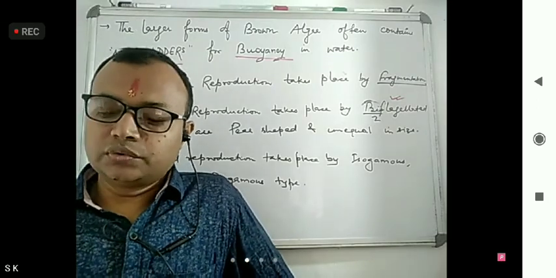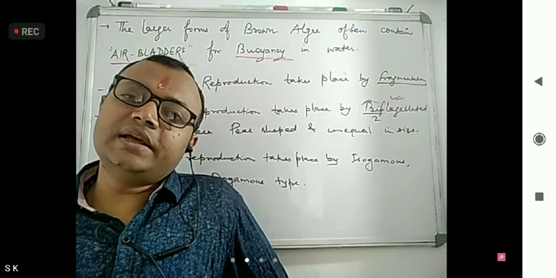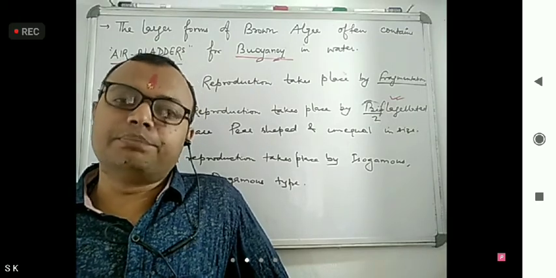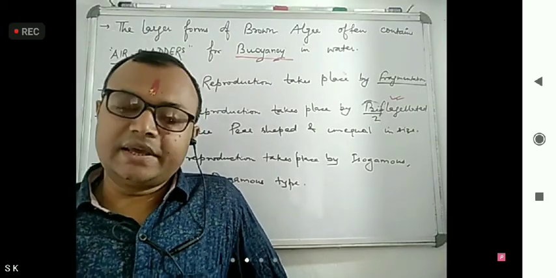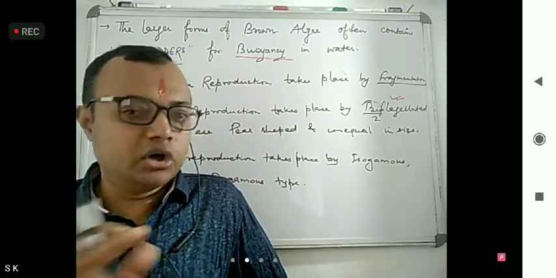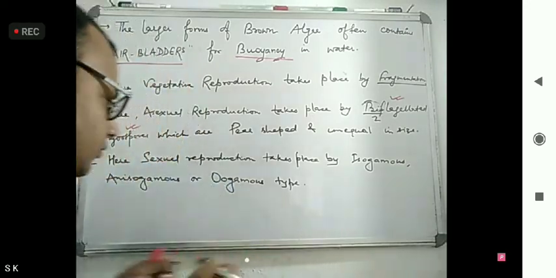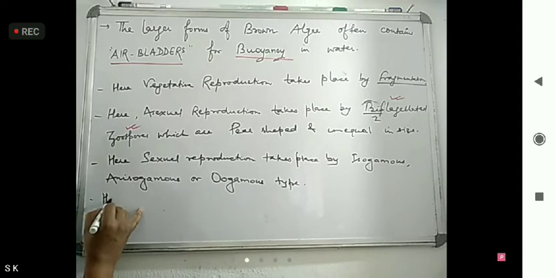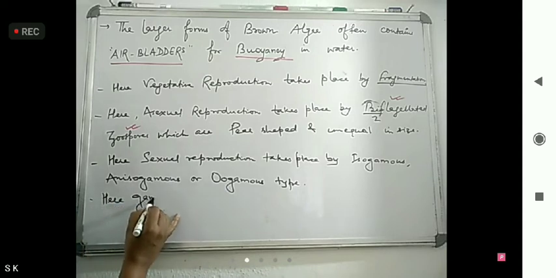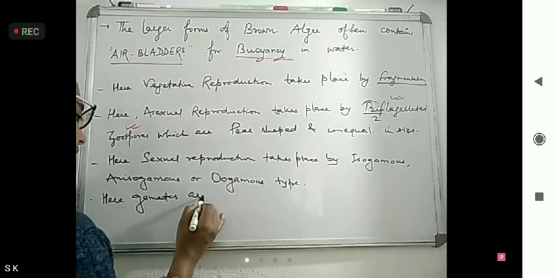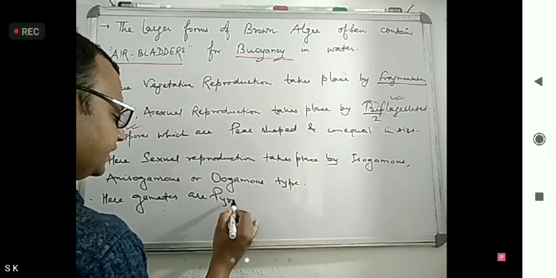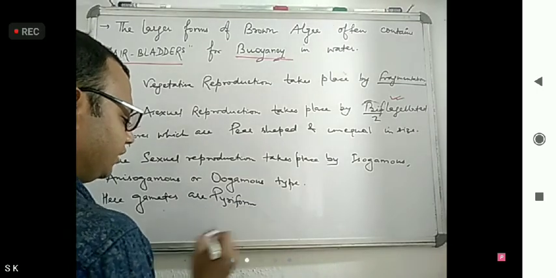Okay, now if we are seeing their gametes shape, what happens here? The gametes are pyriform. Already I discussed pear shape. So here gametes are pyriform. This term you have to remember.